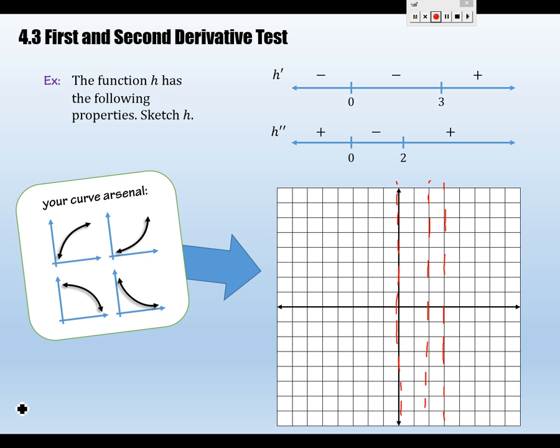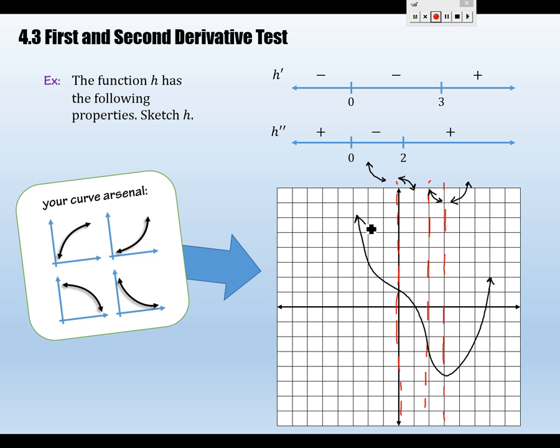So here it's decreasing but concave up, decreasing but concave up, decreasing but concave down, decreasing, concave up, and then increasing. So I think we have this kind of shape. You could interpret this in a couple ways. Something like that, right? Feel good?